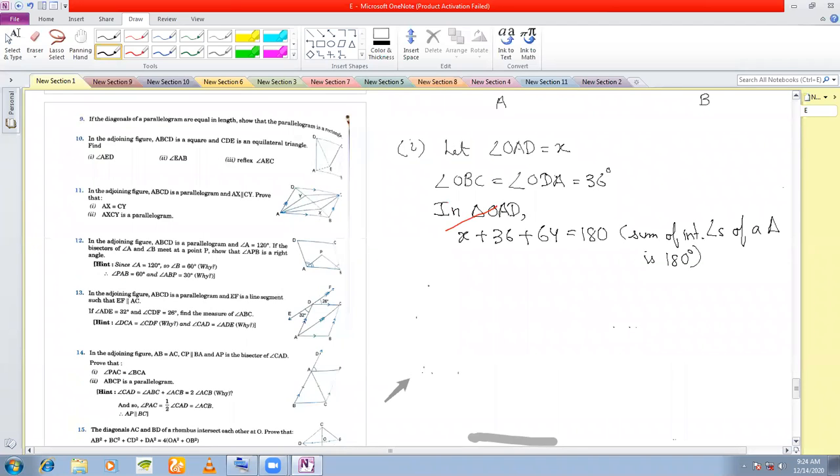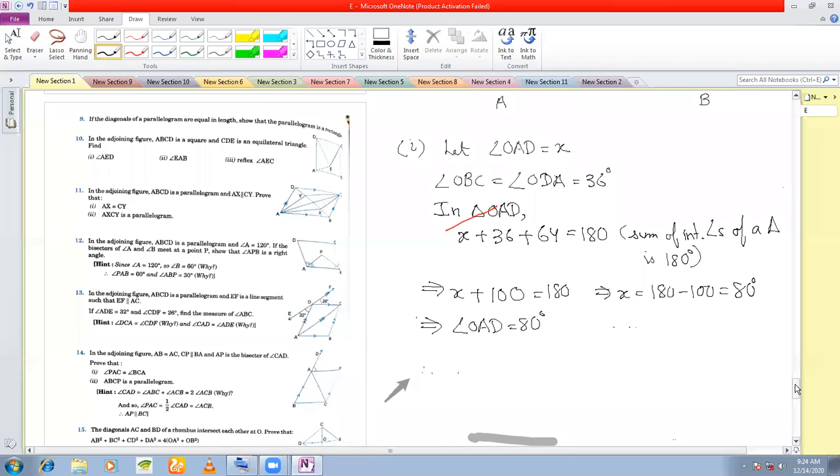So from here we can find out the value of x. x plus 100 is equal to 180, and therefore x must be equal to 180 minus 100, which is 80 degrees. So we have found the angle we needed to find. This angle was OAD, meaning angle OAD is equal to 80 degrees.